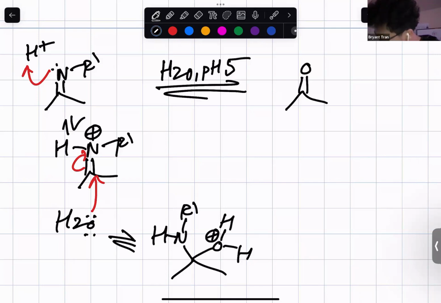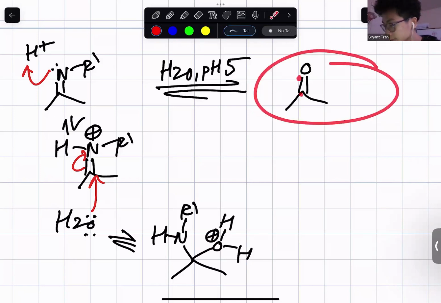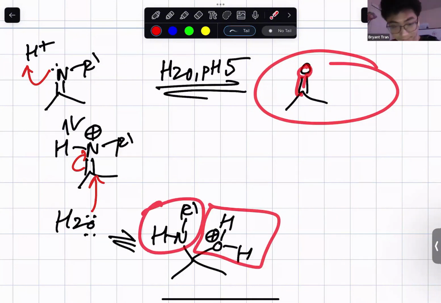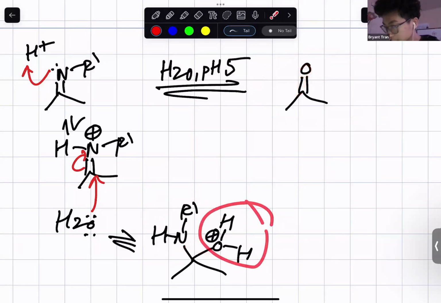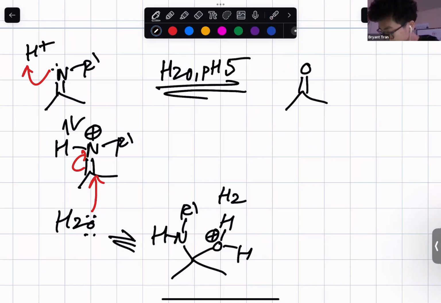Okay, and our end goal here is this carbonyl, carbon double bond oxygen. So we want to keep this group, which right now is a good leaving group, and we want to kick out this group, which right now is a bad leaving group. So we gotta convert this into a bad leaving group first by deprotonating it with the water that we have to make it neutral and a bad leaving group.